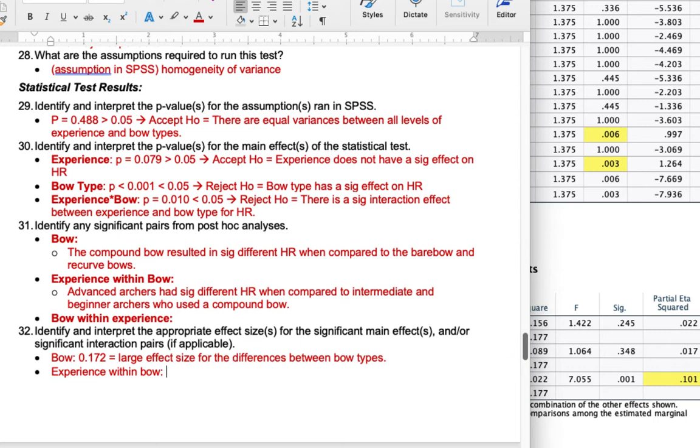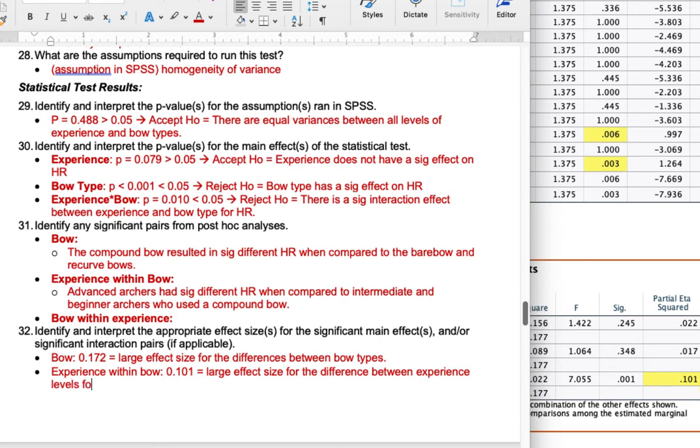Alright, so our effect size is listed as 0.101, and this would be considered a large effect size for the differences between experience levels for archers who used a compound bow. That works. Okay.